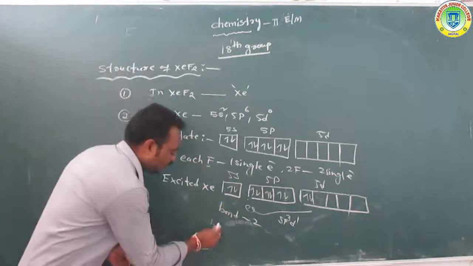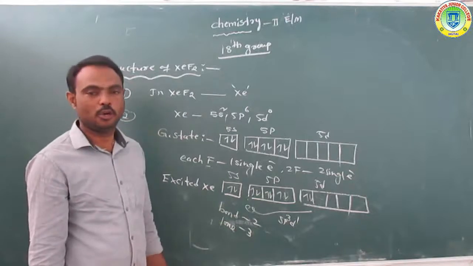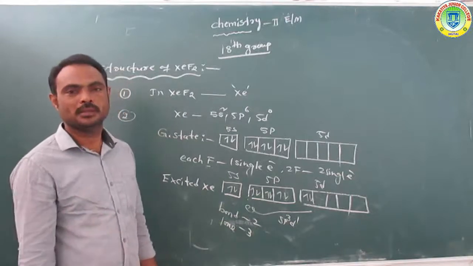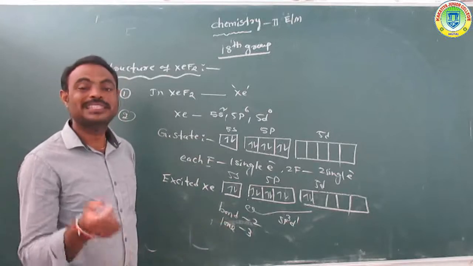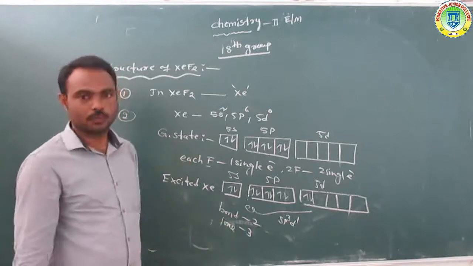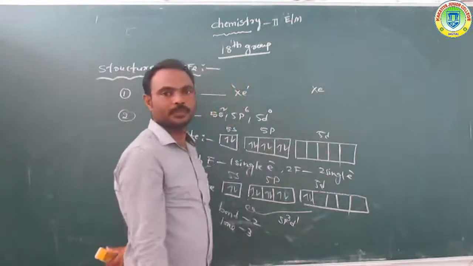So how many lone pairs? 3 lone pairs. Overall, what is the structure of XeF2? Xenon is the central atom.